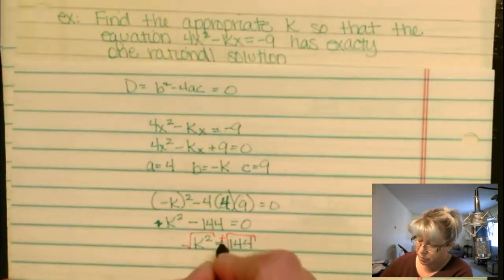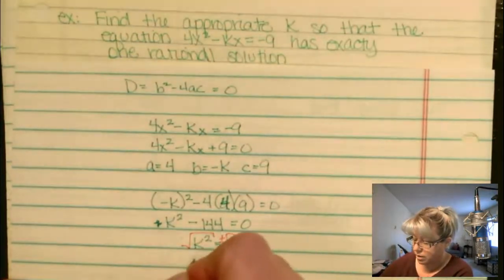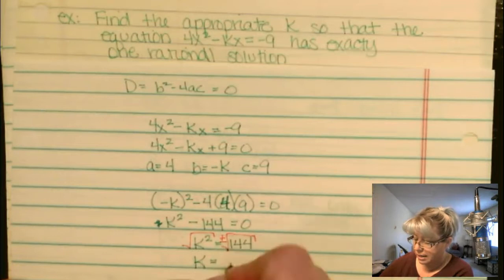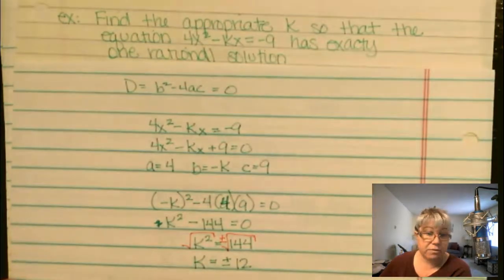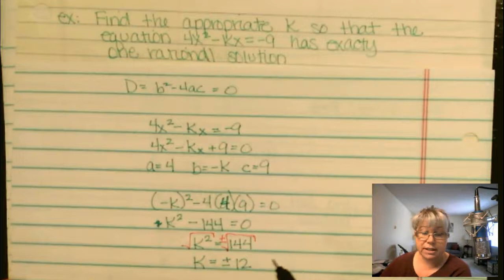I have to remember on the right-hand side, it's now plus or minus the square root of 144. So k can equal plus or minus 12. And that will force our quadratic equation to have one rational solution. k could be positive 12 or k could be negative 12.